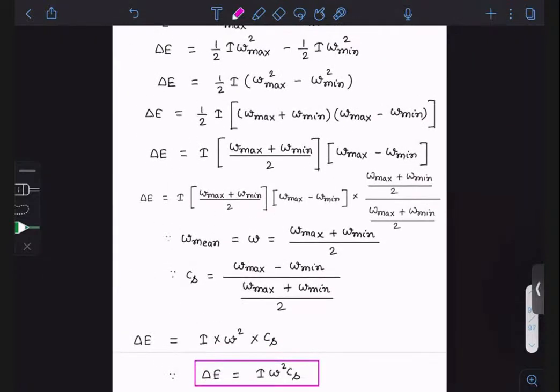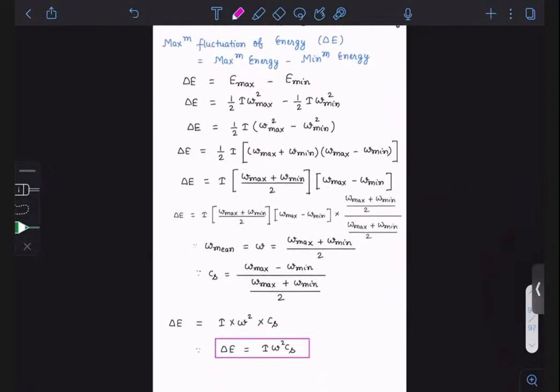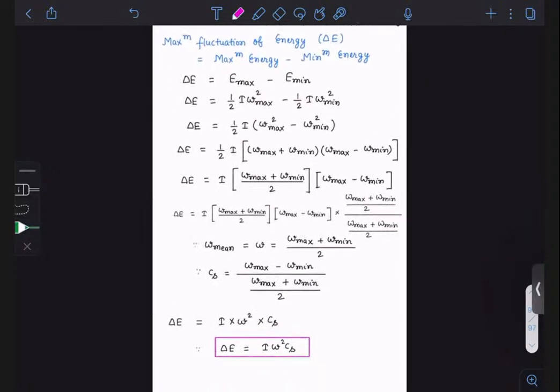So please note down this mathematics, everyone. Very important.